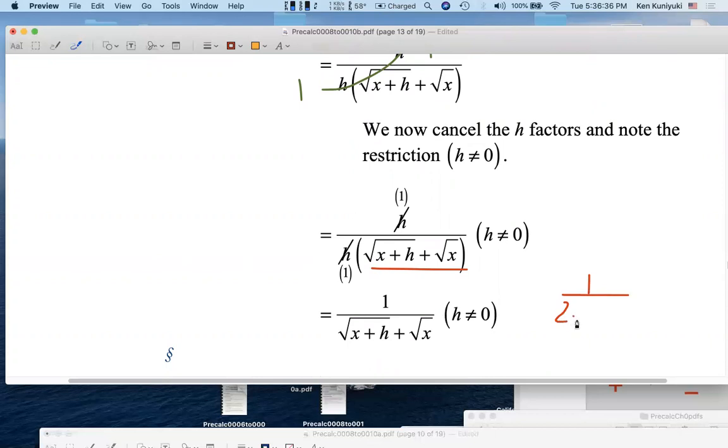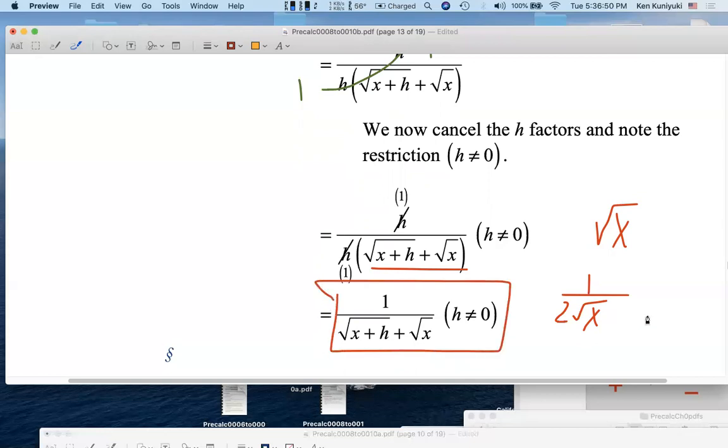Why do we care? That's the derivative of the square root function, given by f of x equals root x. That's in chapter 1. Don't worry about that now. Bottom line, when we rationalize the numerator, we end up with this. The derivative stuff we'll talk about later on. We do prefer this in calculus.